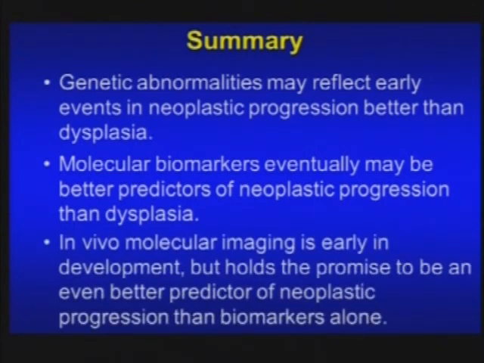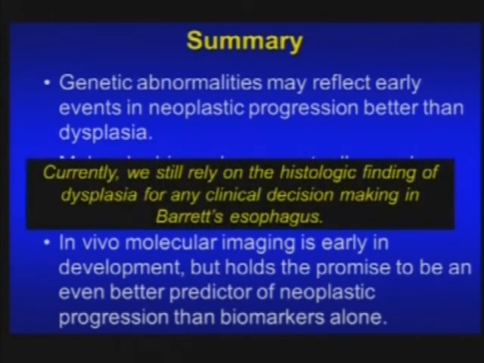In vivo molecular imaging is early in development, but it does seem to hold promise to be an even better predictor of neoplastic progression than biomarker use alone. But please keep in mind that for now, no biomarker has yet been validated in prospective clinical studies, so we still rely on the histologic finding of dysplasia for any clinical decision making in Barrett's esophagus.